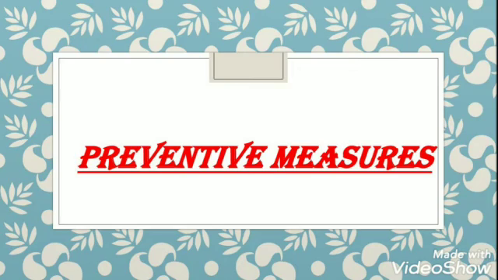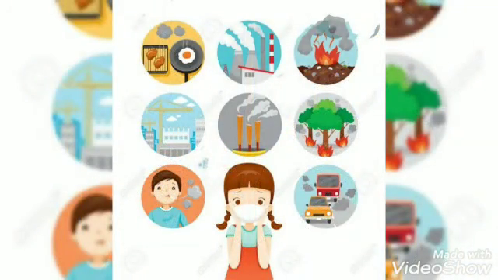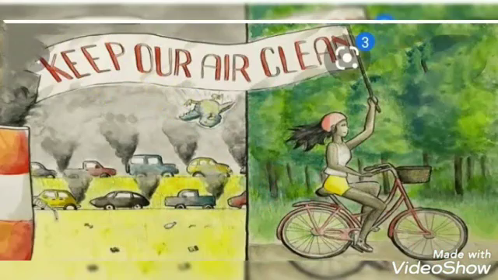Preventive measures. In order to keep germs away, wash your hands with soap and water. Cover your mouth to stop the spread of flu, and use of disinfectant can help keep germs out of your life. Keep air clean. It is our responsibility to reduce air pollution.